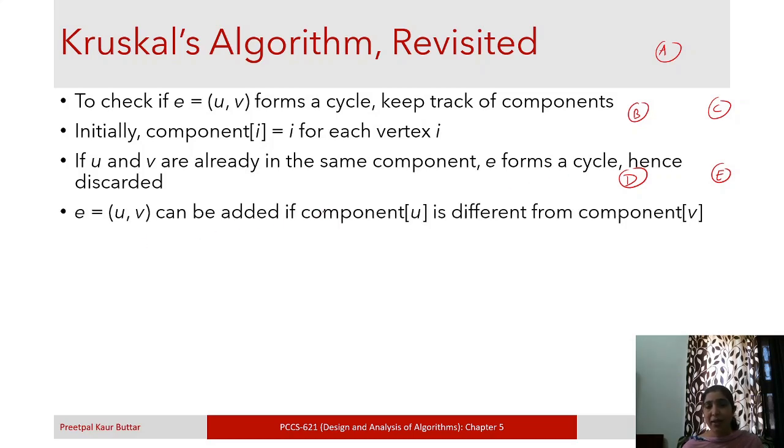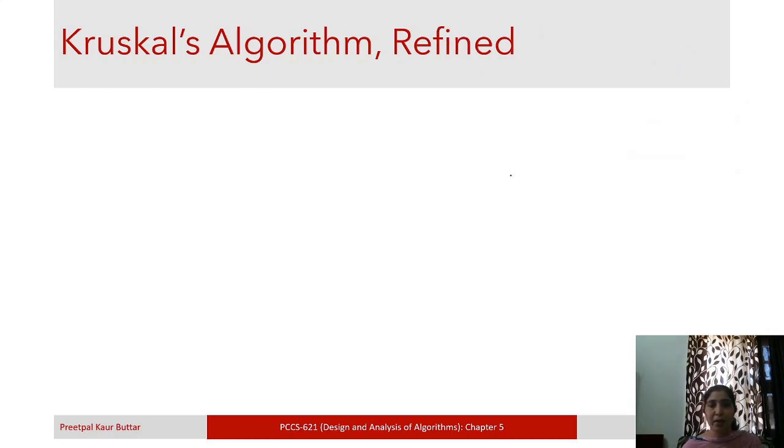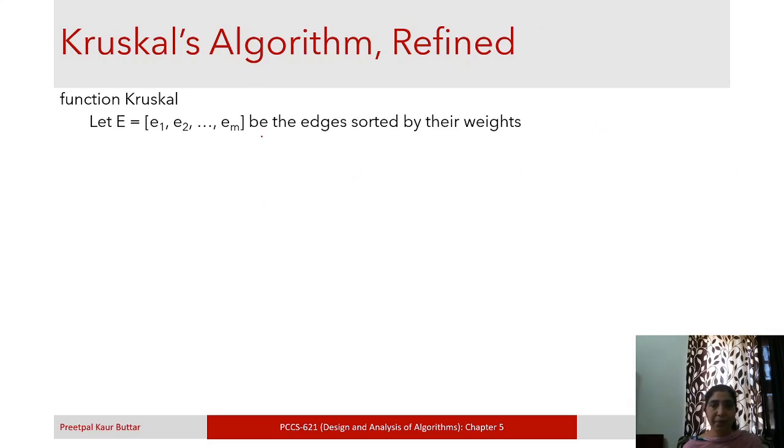We can add it if component of U is different from component of V. Because they belong to different components, when we add an edge between them, they will now belong to the same component. So we will merge the two components. Okay, so based on this idea, now we will refine this Kruskal's algorithm.